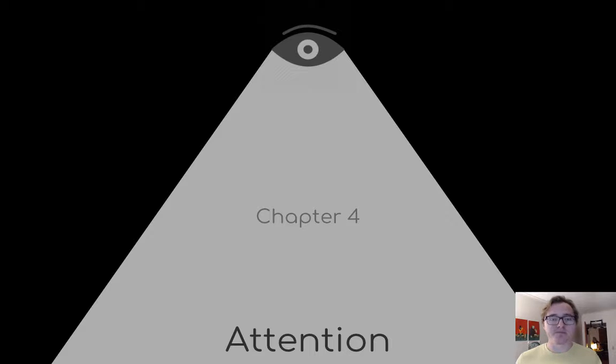Okay, so attention is often a word that we use to grab people's attention, to pull someone's sight line from one area to another, to get people to listen up.